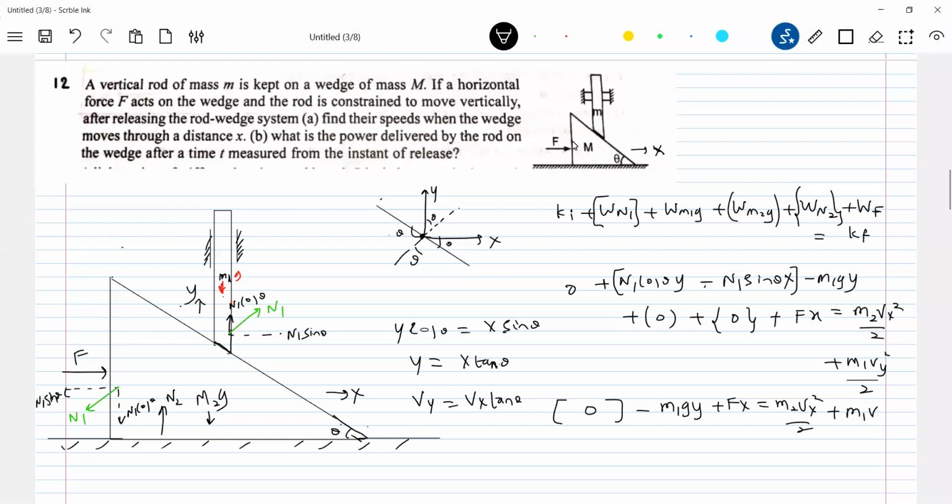Why will it be 0? Anybody? Substitute this constraint equation: y cos theta is equal to x sine theta. It will be 0. So what are the only forces doing work here? The applied force and the weight.